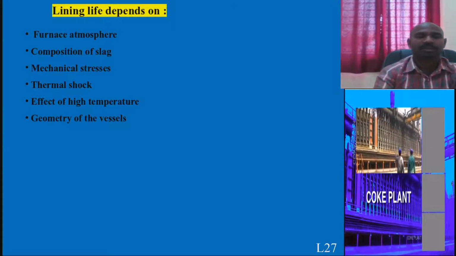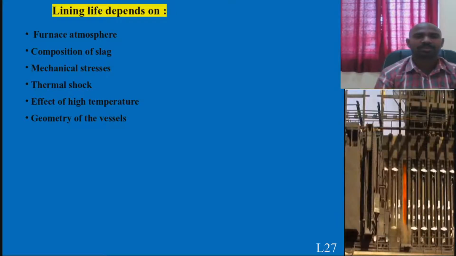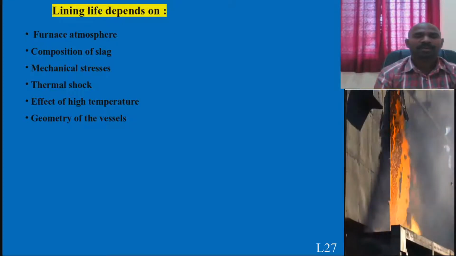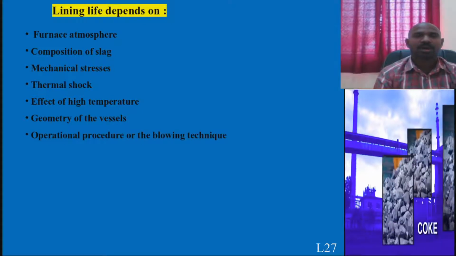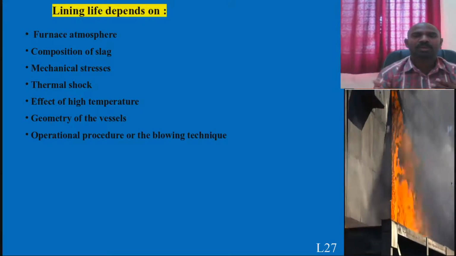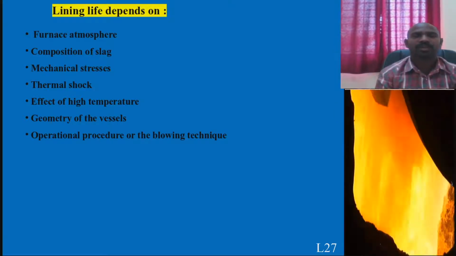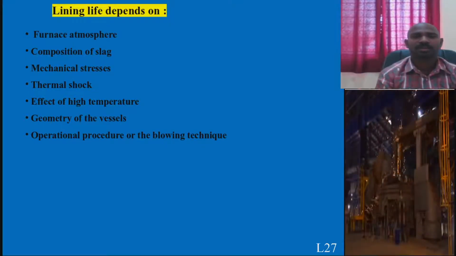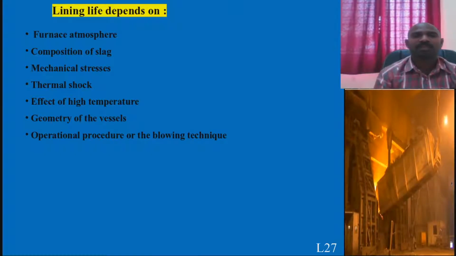If it is continuously affected by wearing out of the lining, it needs to undergo repairs at continuous intervals of time with temporary shutdown. And operation procedure, blowing from the top and a combination of bottom argon gas or inert gas purging. So it also affects the entrance and exit stages. The lining may wear out.